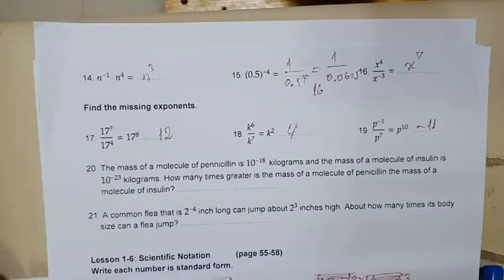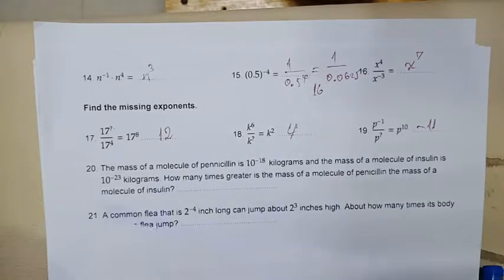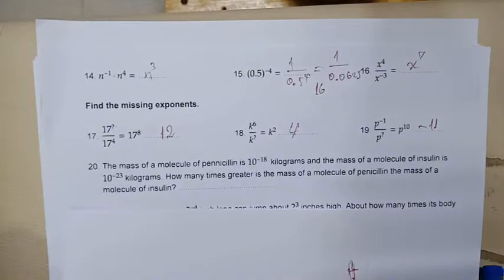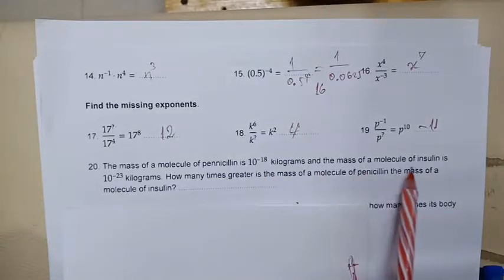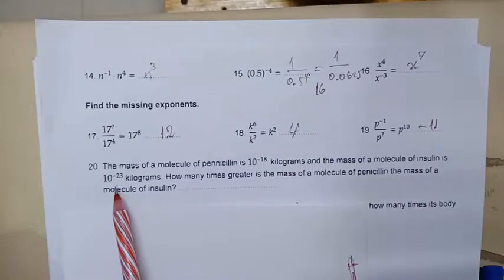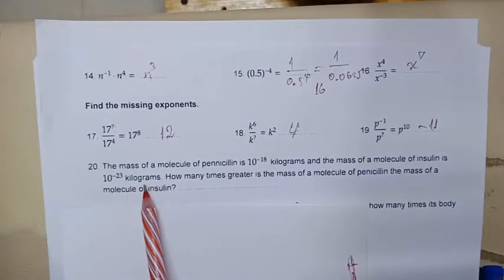Number 20. Now for number 20, the mass of a molecule of penicillin is 10 raised to negative 18 kilograms, and the mass of a molecule of insulin is 10 raised to negative 23 kilograms.